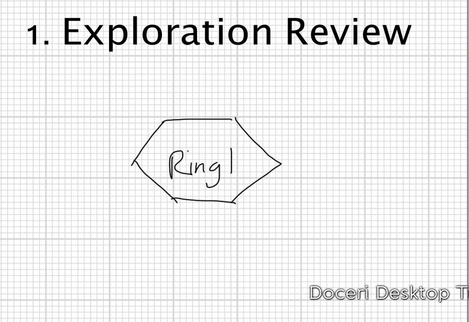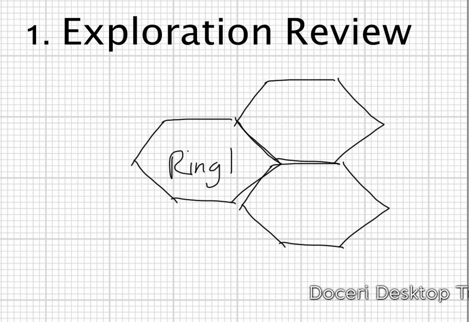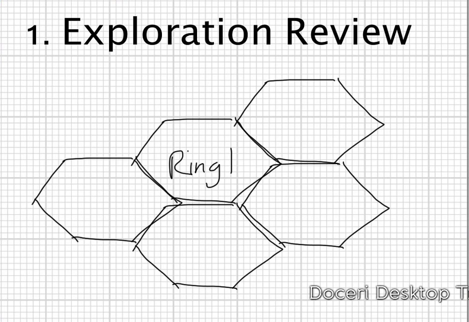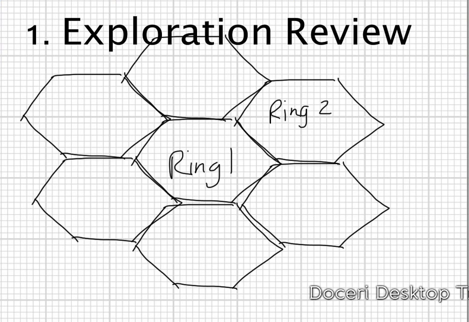If I then add a ring of hexagons around my first ring, I'll get something that looks kind of like this. Now if I continue this pattern, in ring 2 there were another 6 hexagons, so a total of 7 hexagons altogether.